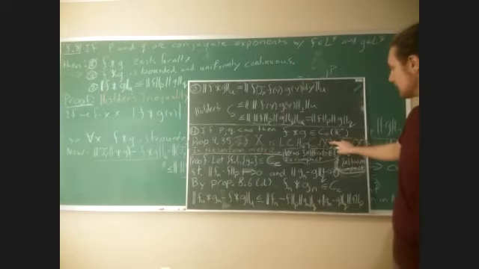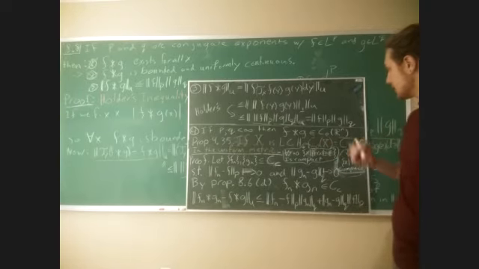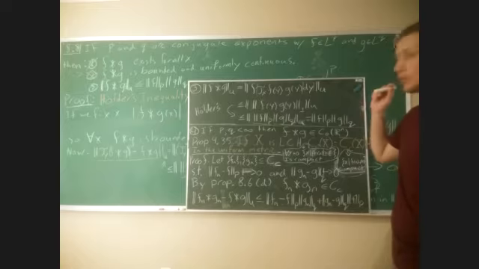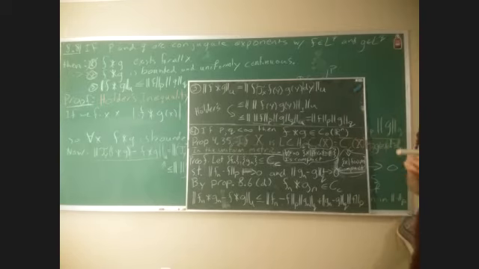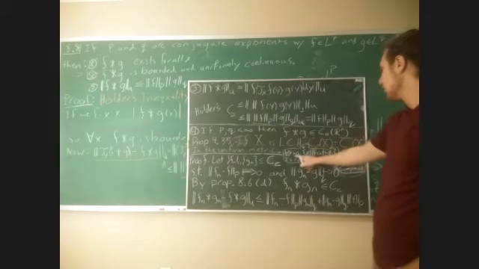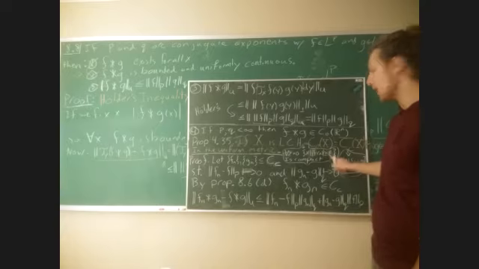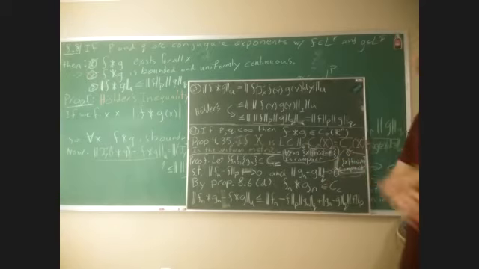Now, C0 of x is the set of all functions that vanish at infinity. And what this means is that if you take the set of all x's for which the absolute value of f of x is greater than epsilon, this set is going to be compact, and this is true for all epsilon.